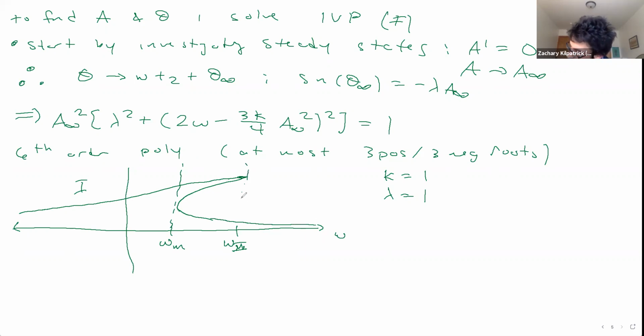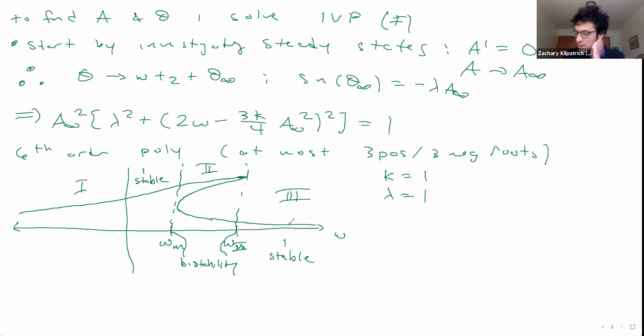This is going to be our region 2. And this will be our region 3 right here. So here we have one stable steady state. In this region, we have bistability. And over here, we have one stable fixed point.